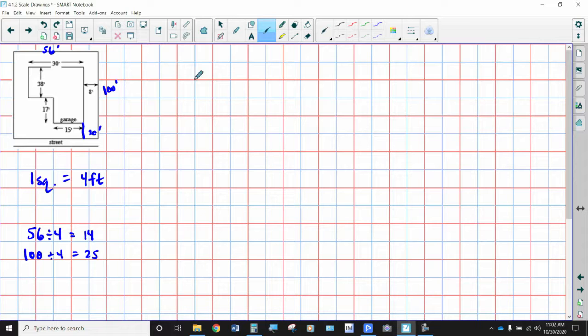So first question is, do I have space on here to create my entire lot? Might make things a little bit difficult. Maybe what I should do is let's make it so that 1 square could be 8 feet. Let's try that and see what we get.